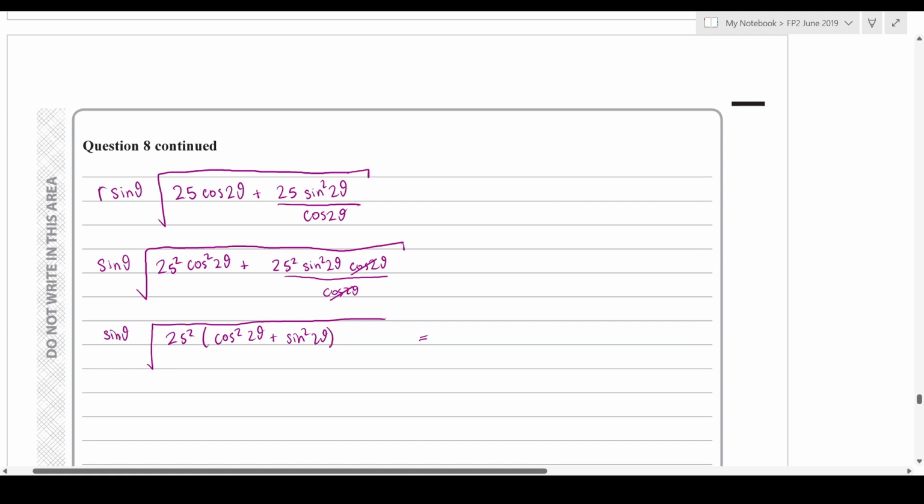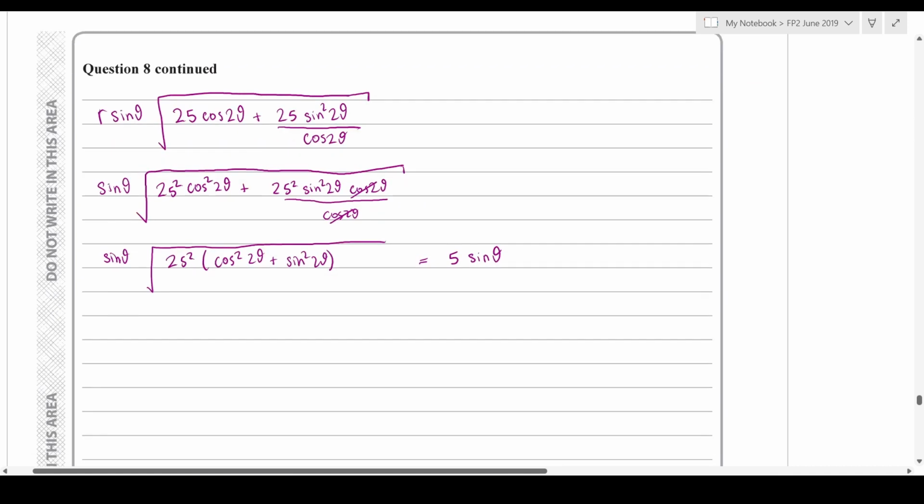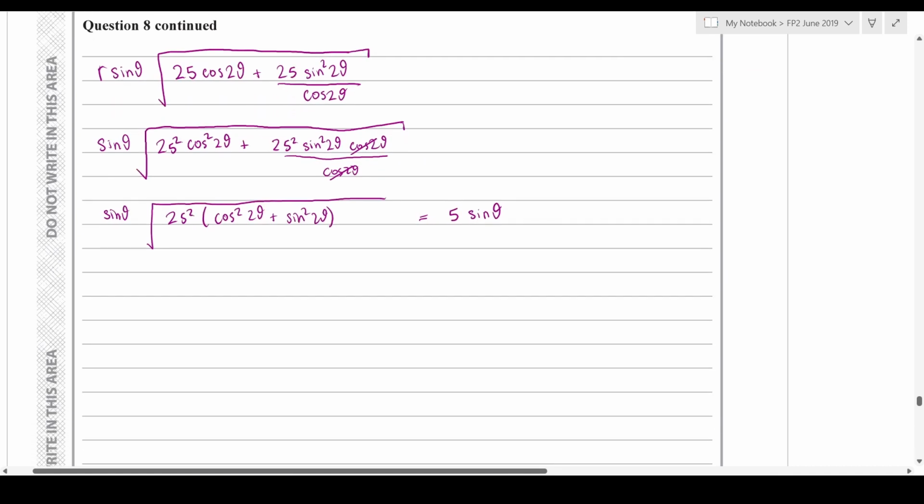So the square root of 25 squared is 5, so that's just going to be equal to 5 sine theta. So the surface area now is 2 pi integral of 5 sine theta within our limits of integration.